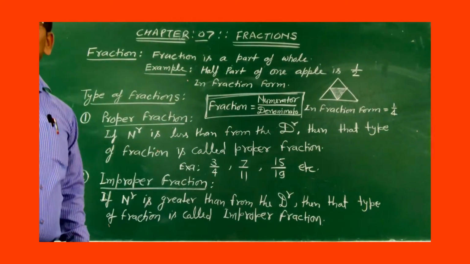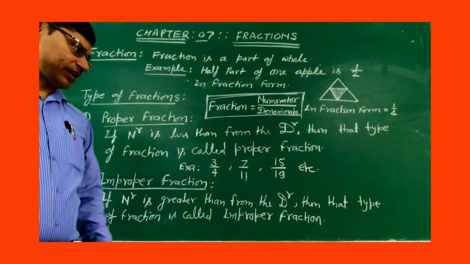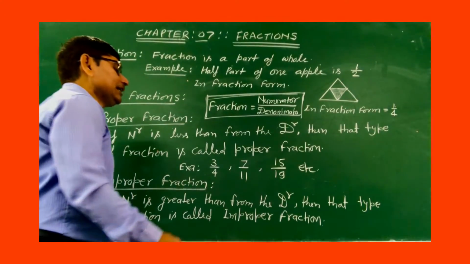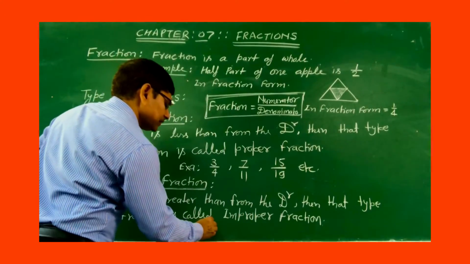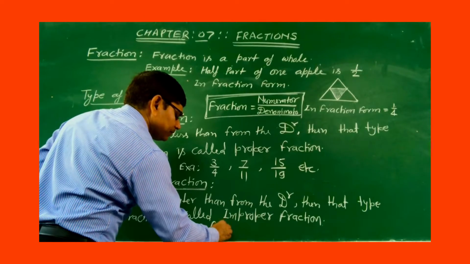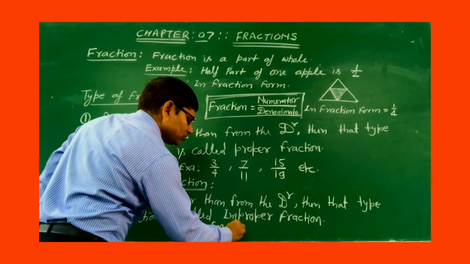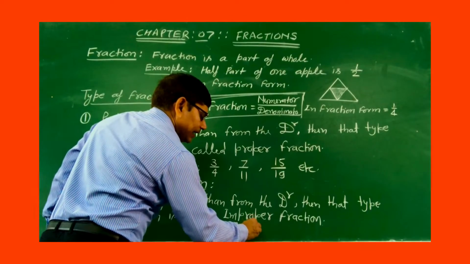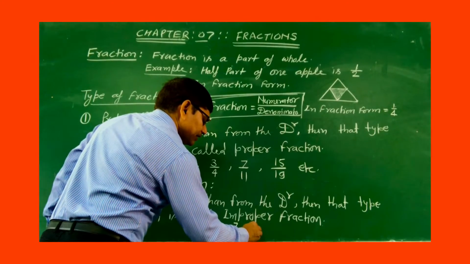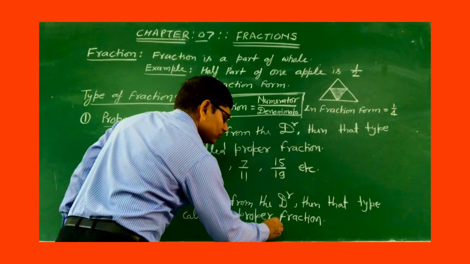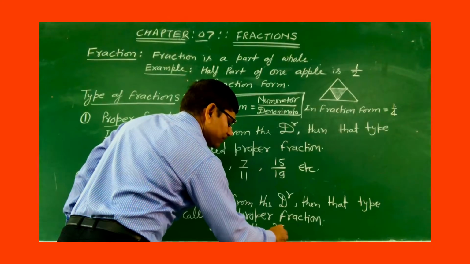So dear, examples of the improper fraction you can write as 7 by 2, 11 by 3 and 25 by 7.